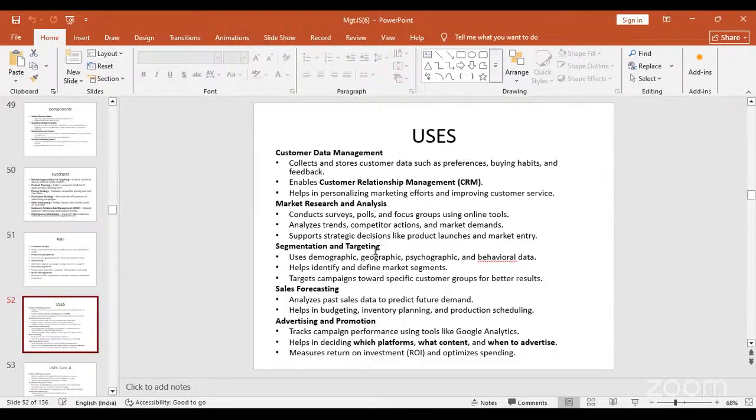See, nowadays the tourism department is active in digital marketing, and in winter season they make more advertisements of their tourism places, because this is the season for tourism. So advertising and promotions measure return on investment and optimize spending.